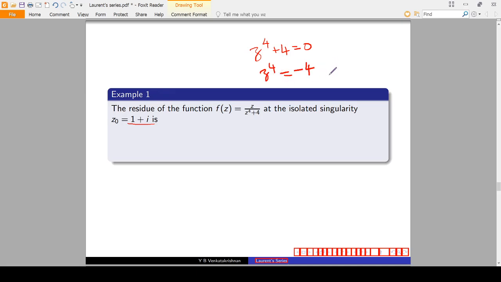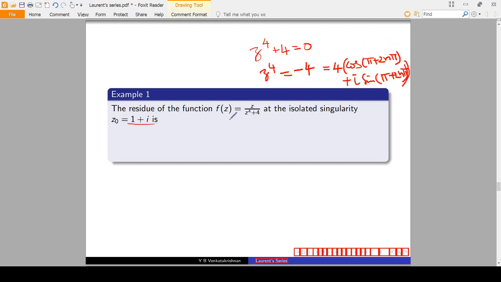I can rewrite it in terms of cos pi plus 2n pi plus i sin pi plus 2n pi, and now I can use De Moivre's theorem, whole power 1 by 4.